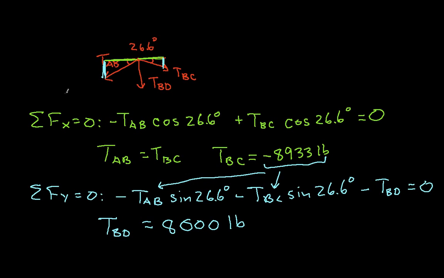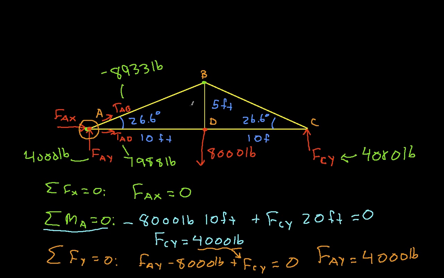Okay, so let's go write this down on our free body diagram. Okay, so we have this guy here. TBD is 8,000 pounds. Here we'll actually draw this correctly. We have TBD. We still have TAB, TBC.